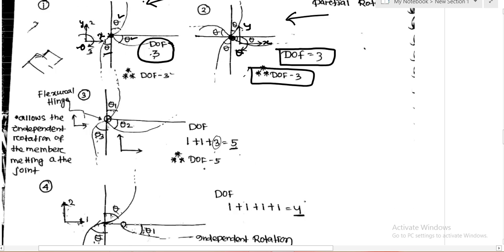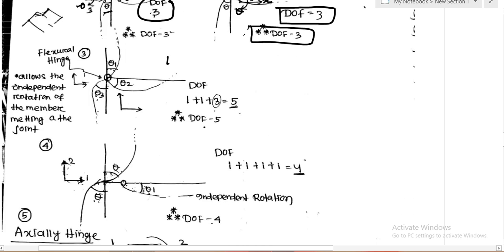Now take case number 3. Suppose there is a flexural hinge. What will happen? All the members have different angular rotations. This member has a different angular rotation, this member has a different angular rotation, and this member also has a different angular displacement. So one x direction translation and one y direction translation are possible at this joint, in addition to 3 different angular rotations.